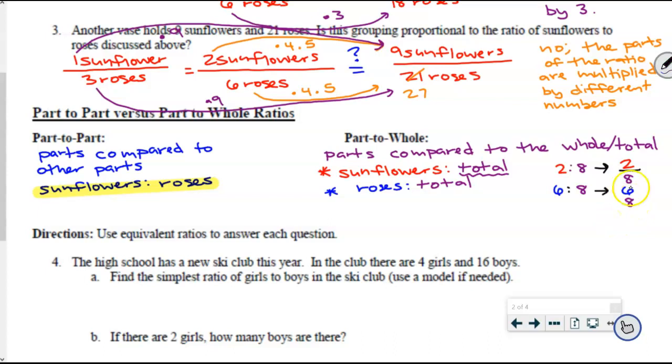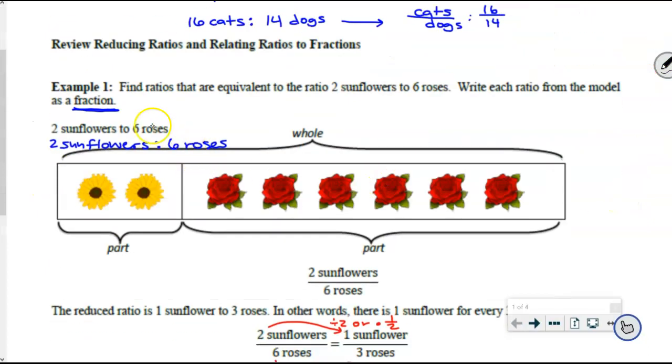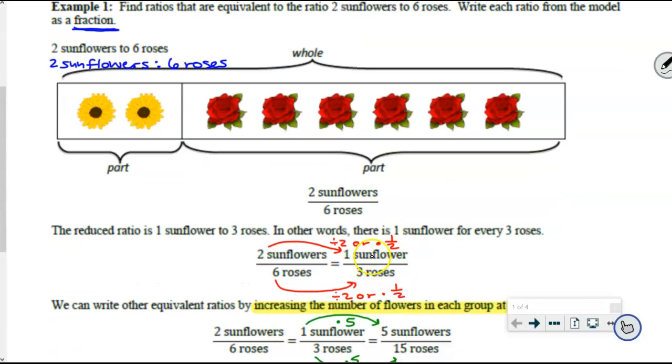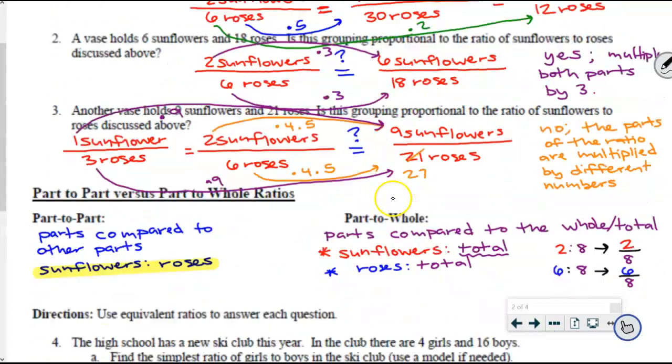Now, remember what I said on this previous screen? I say we write them so that they look like fractions. This is not a true fraction. Even if I wrote 2 to 6 without those labels, it's not a true fraction, because a fraction tells us how many pieces out of the whole. But if it's a part-to-part ratio, that's not a true fraction.